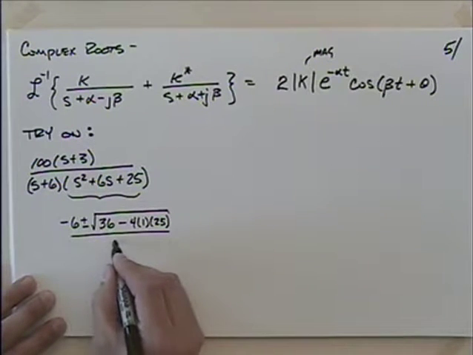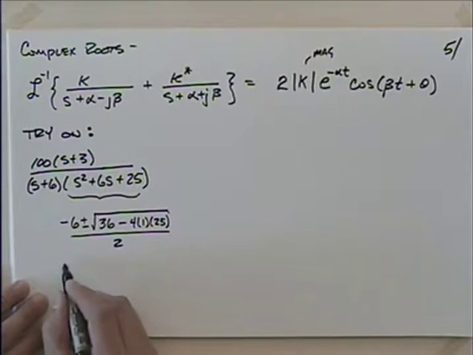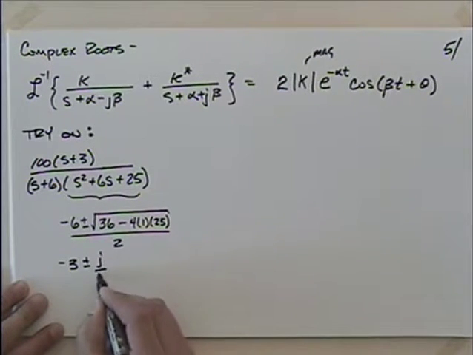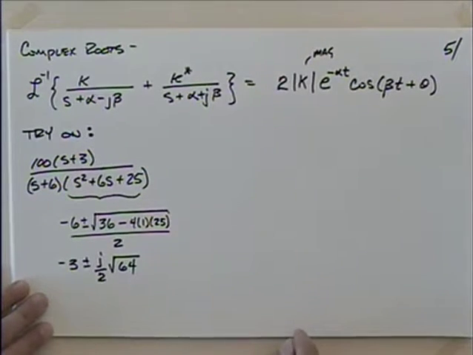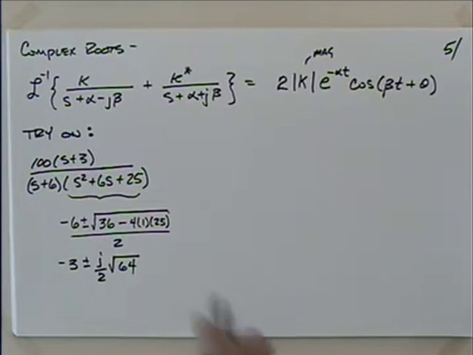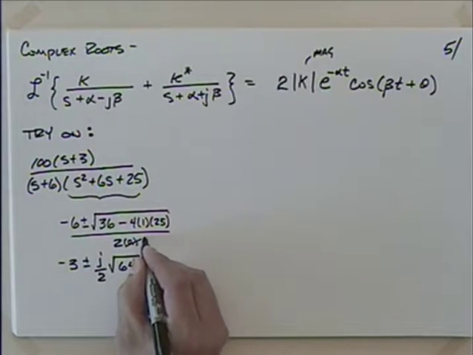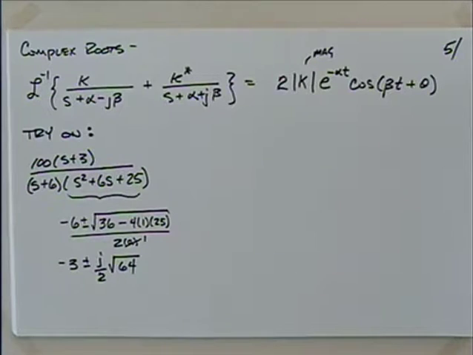I have to divide this by 2. So we come up with minus 3 plus or minus j over 2 times the square root of 64. Would you divide that solution? A is 1, C is 25. It's just 2a. Oh. It was AC up here. Okay.